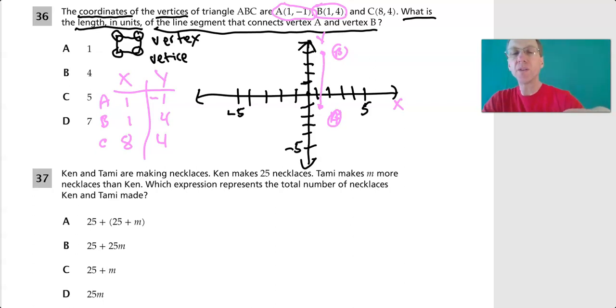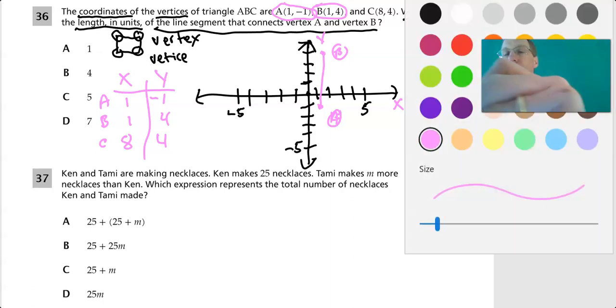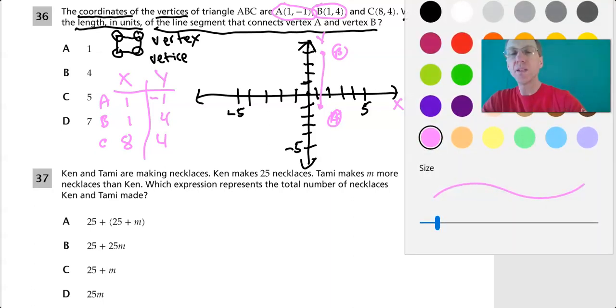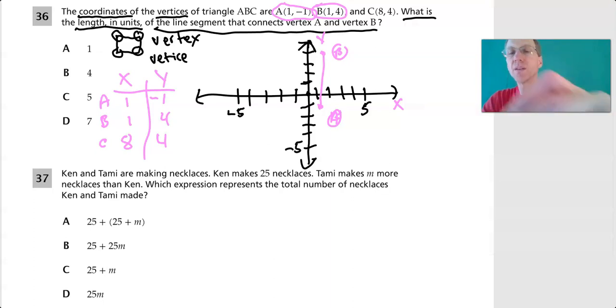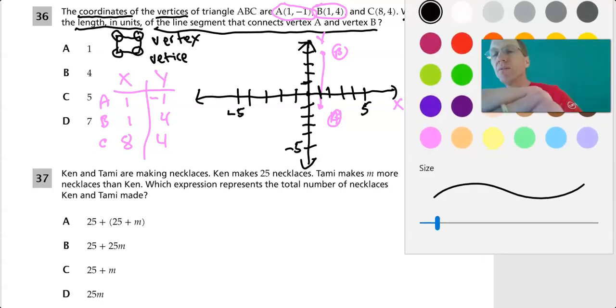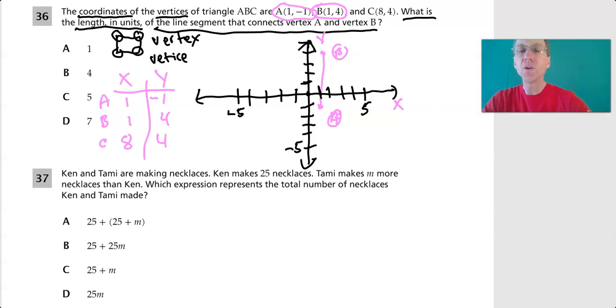I should have gone right through that little point there. It's hard to draw it, so I'll try to fix it. Technically it's sort of like this. Okay, now here is the line segment.